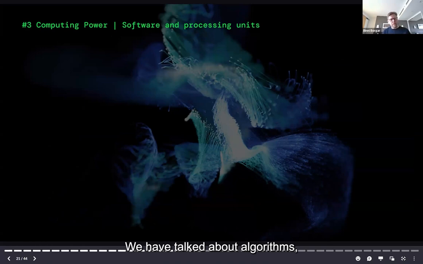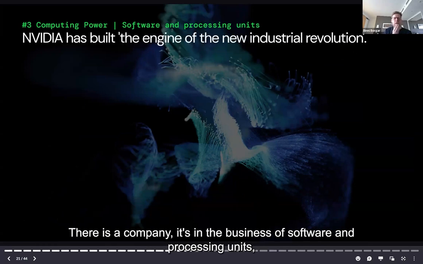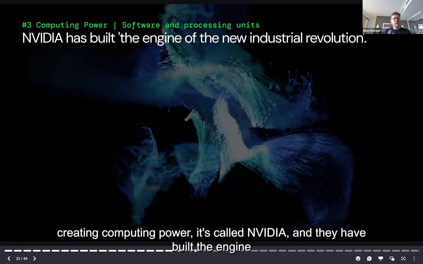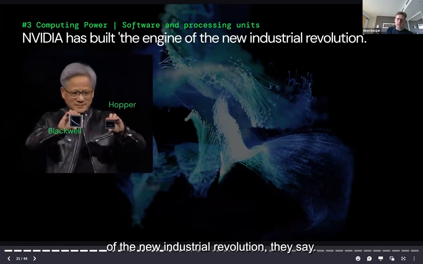So we have talked about algorithms, and a little bit about data, and just one slide about the computing power that is needed to train these models. There is a company in the business of software and processing units, creating computing power. It's called NVIDIA, and they have built the engine of the new industrial revolution, they say.